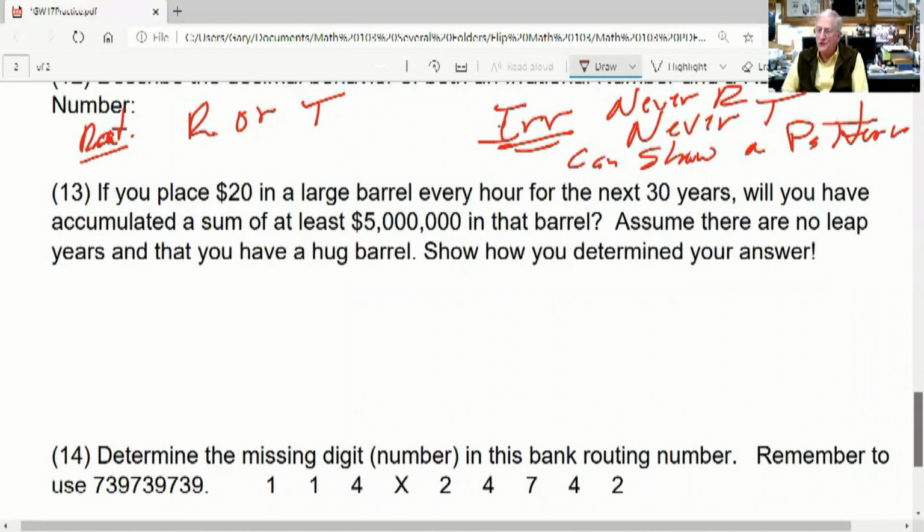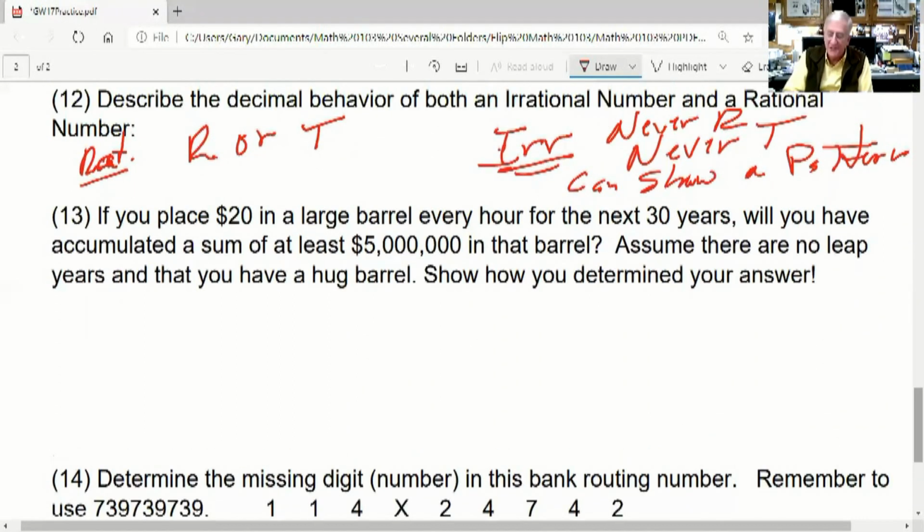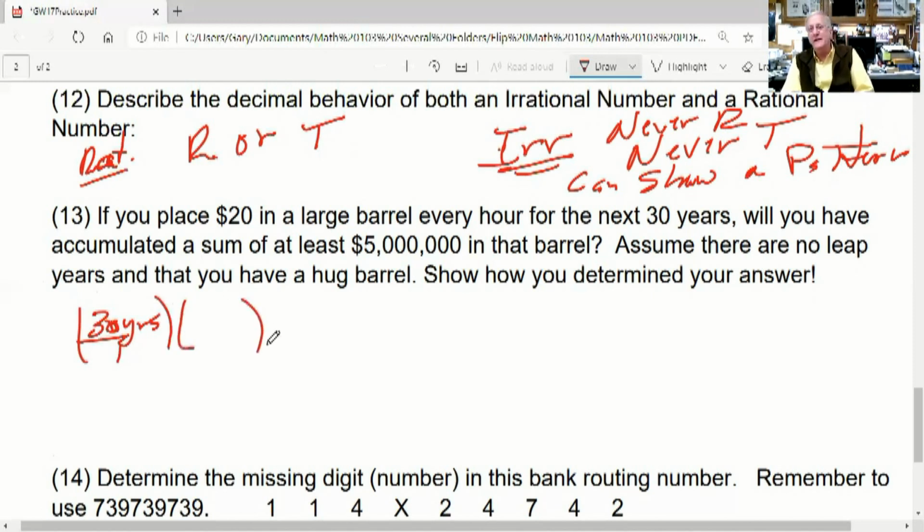Well, I suggest you change 30 years into money. So I would start with 30 years, and I would put that over 1. The next step down from years is days.